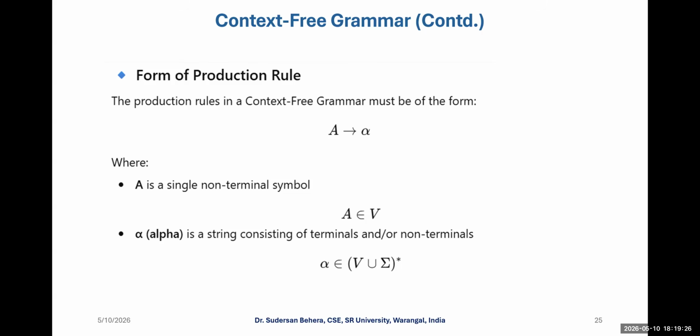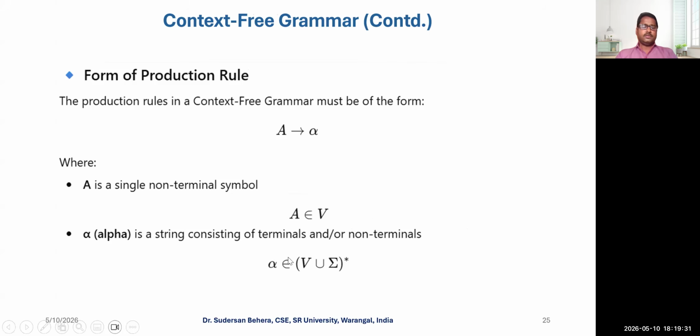That is why alpha belongs to (V union sigma) Kleene closure, meaning (V union sigma) star.